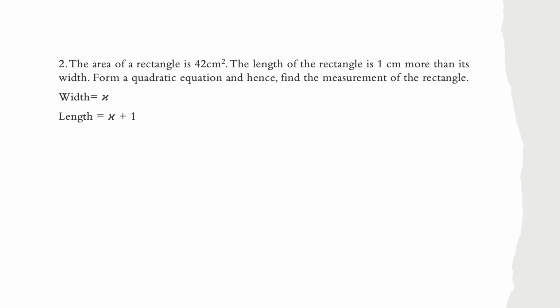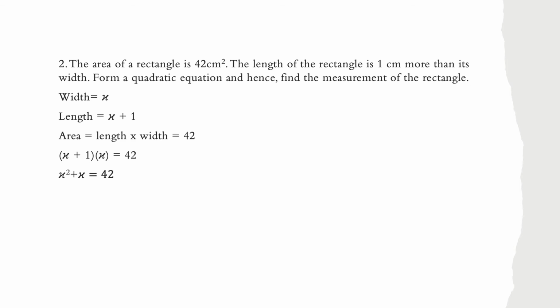Now we also have to know the formula for the area of a rectangle, which is length times width. Area equals to length times width equals to 42. So we put x plus 1 and x equals to 42, multiply and expand the equation, and it will become x squared plus x equals to 42.